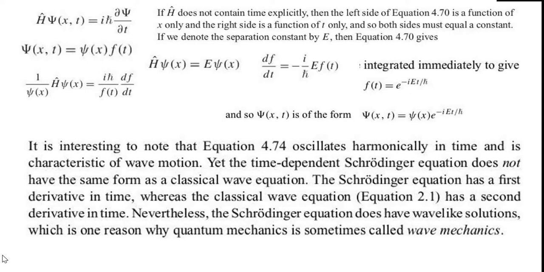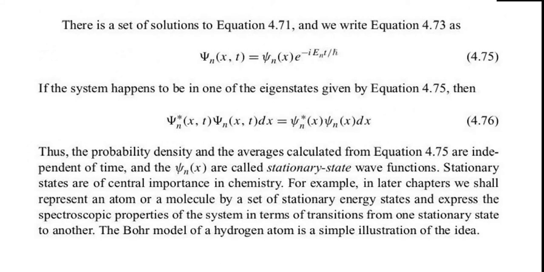In terms of derivatives, they are different. But anyway, because it is giving you wave-like solutions, it is called wave mechanics. Fine. One more thing: after taking the overall function as the product of two separate functions, if you take the mod square, that means psi star psi.